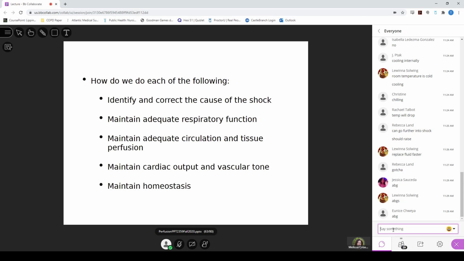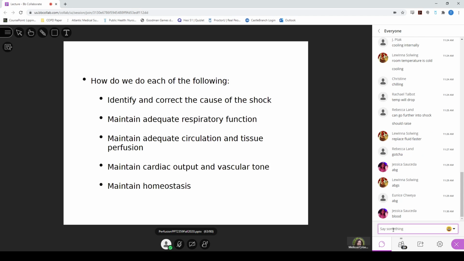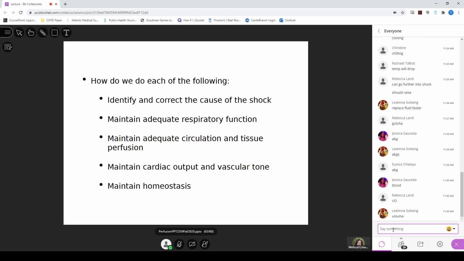You have to maintain adequate circulation and tissue perfusion. How are you going to do that on this patient? You've got to stop the bleeding in him. Yeah, so you've got to give him some blood. You've got to maintain his fluid volume, so he needs volume.